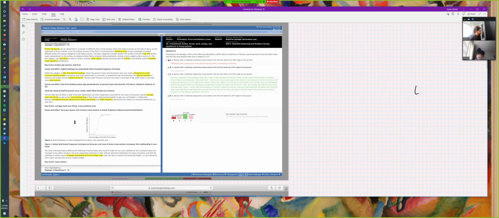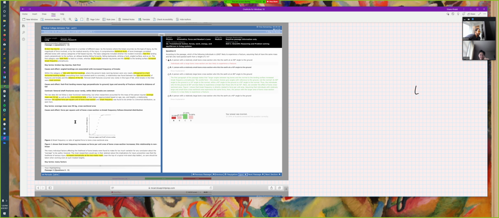In physics, tell me what pressure is. Pressure is force over area. Good. So if you apply a force over a greater area, the pressure isn't going to be as high.